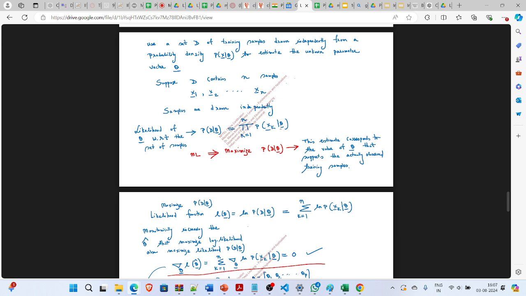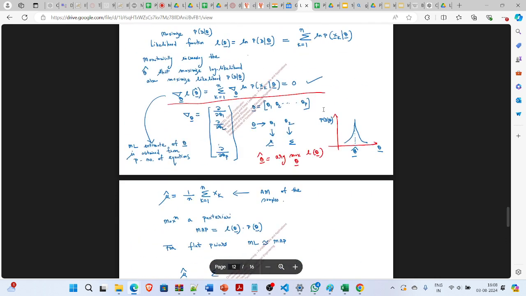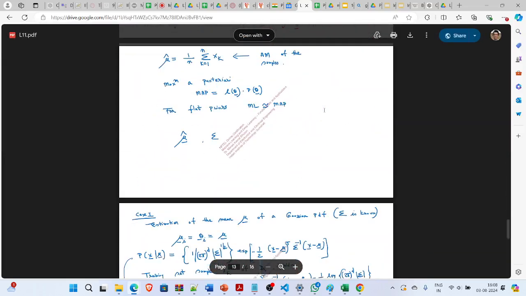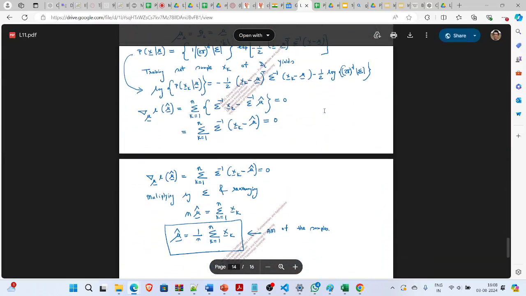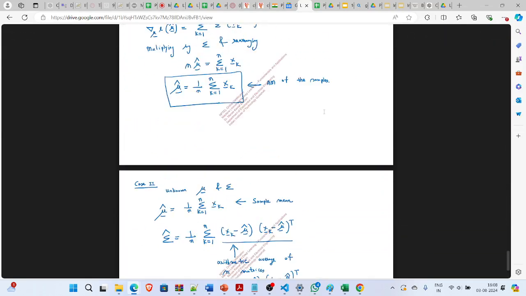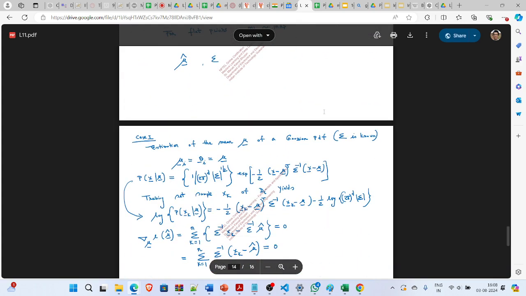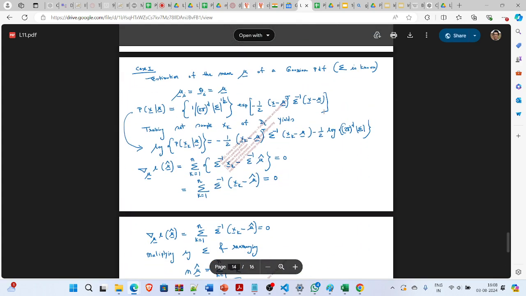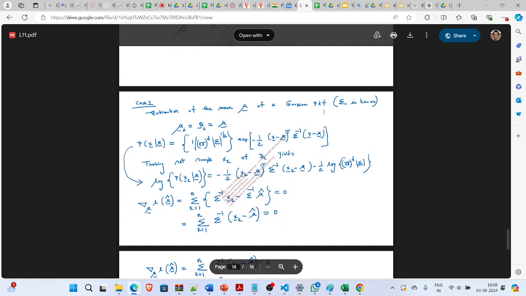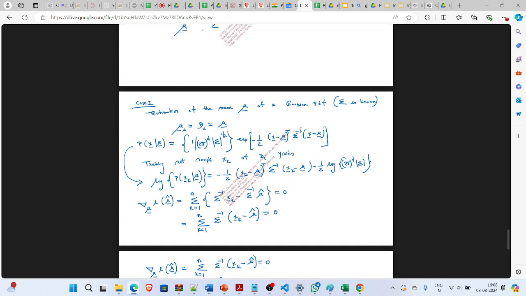And the probability is of the samples given theta. That is the likelihood, and for maximizing that, you need to differentiate with respect to all the parameters. They have given some examples as well in the case of the normal distribution.